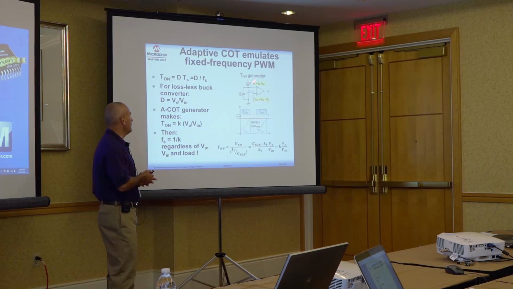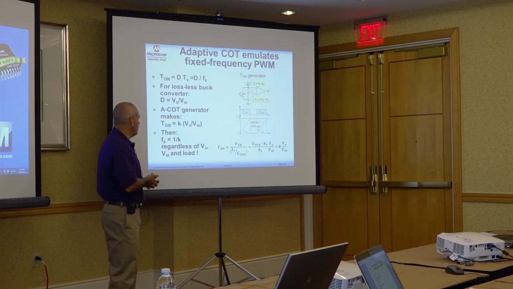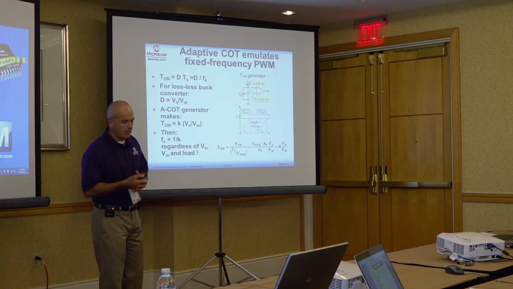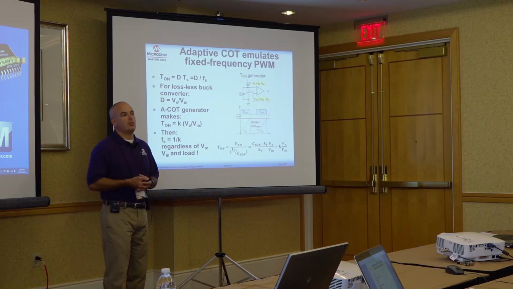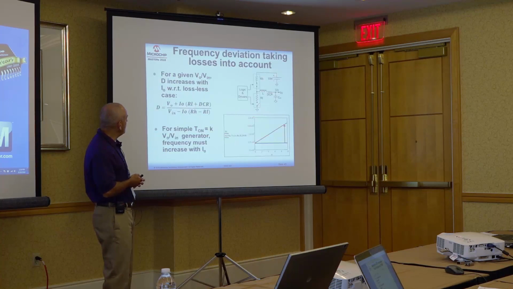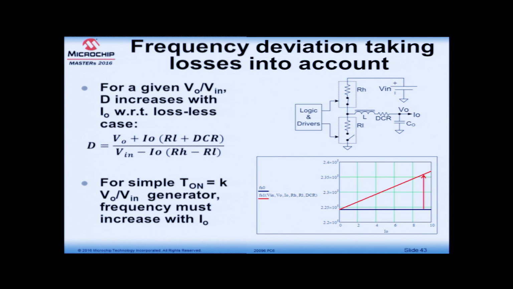But the on-time generator is not ideal, and also the buck converter has losses. That's why we are so concerned about efficiency, because of the losses. So let's look at a simplified model of the lossy buck converter. We are taking only resistive losses into account here.